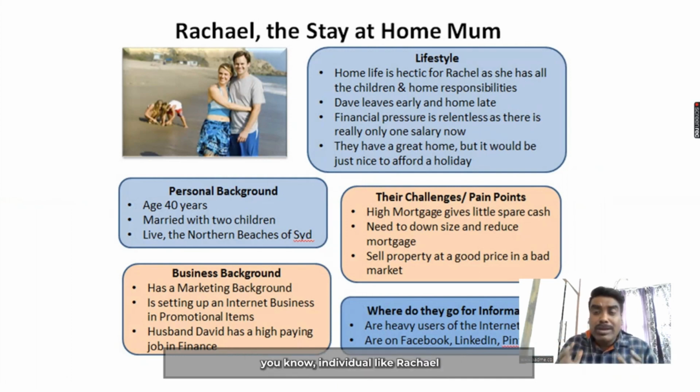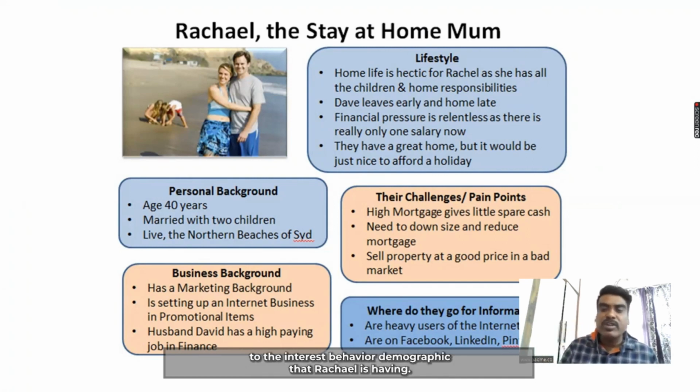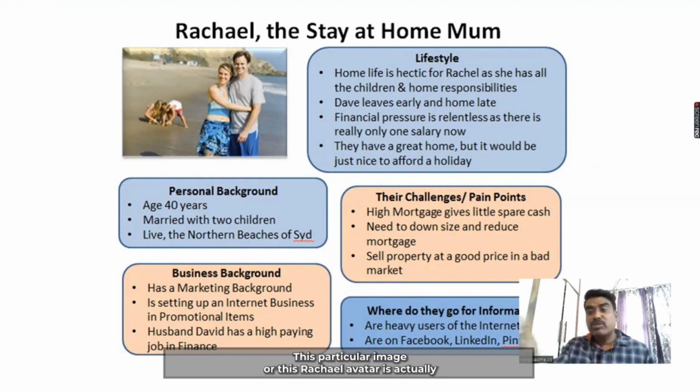There is no such individual like Rachel who really exists on the planet. By doing a lot of research, we have very clearly understood that our potential buyer is very similar to the interest, behavior, demography that Rachel has. The image that you see here is absolutely an imaginary image. This Rachel avatar is actually the potential customer of our Google advertisement services.